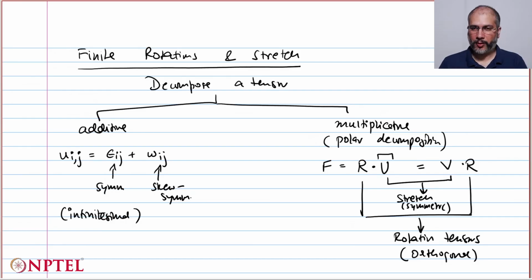By the way, this U is called the right symmetric stretch and V is called the left symmetric stretch. And although we call it a stretch, it contains shear too. So additive decomposition worked for infinitesimal, but multiplicative decomposition works for finite cases as well.